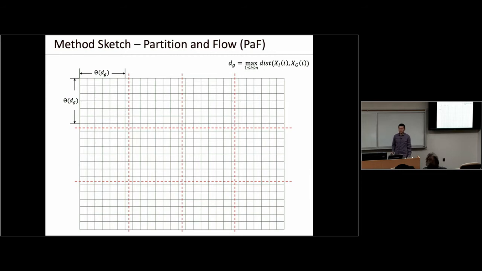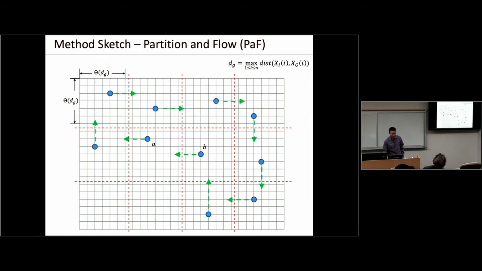With this partition, we have the property that for any given robot, it must have its goal either in here or in a nearby cell. This is just by definition of dG. What that also means is that because we have this entire thing filled with robots, if some robot needs to go out of a cell to reach its goal, some other robot must also go in that cell to fill the hole there.